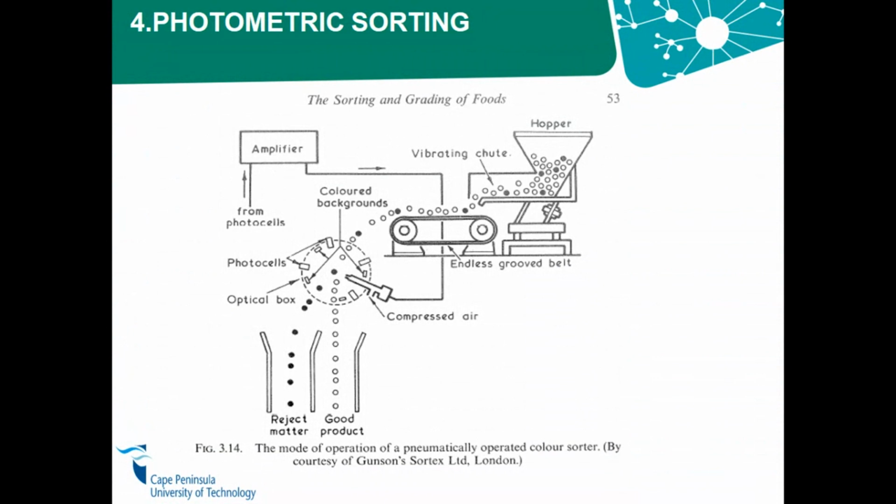So on this conveyor belt, you've got colored backgrounds which are basically computerized, right? So they look at different pictures that have been taken, which form part of the library. So if there's any foreign color that is not known, then it triggers a detection system using compressed air.